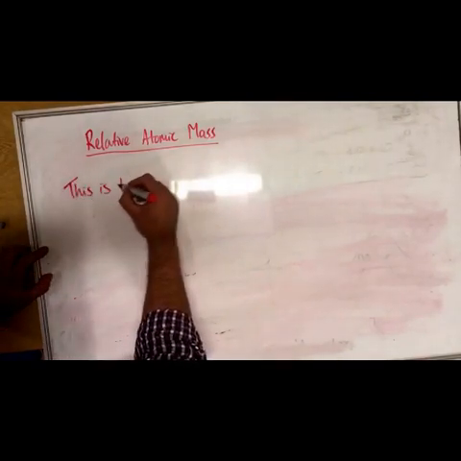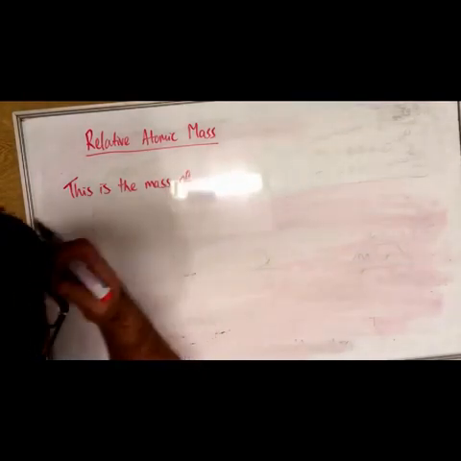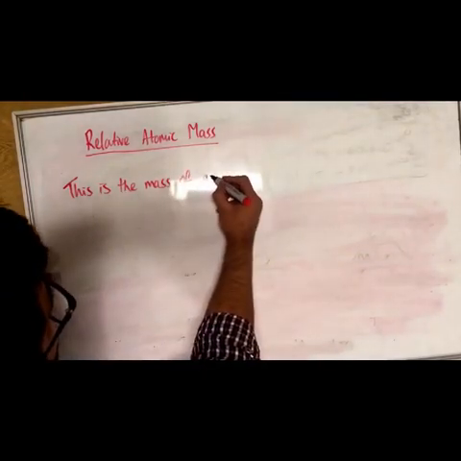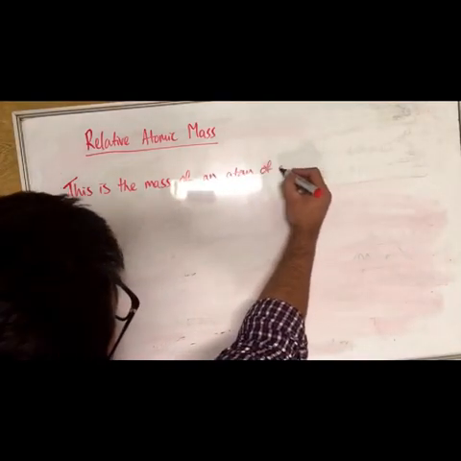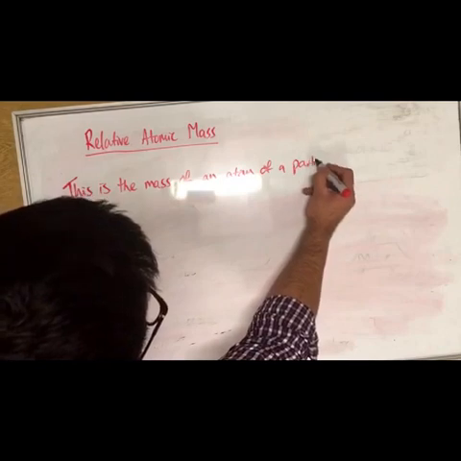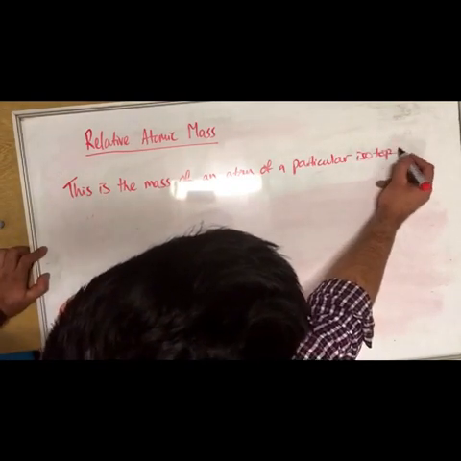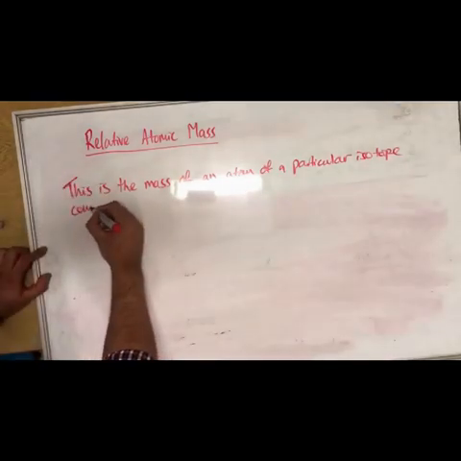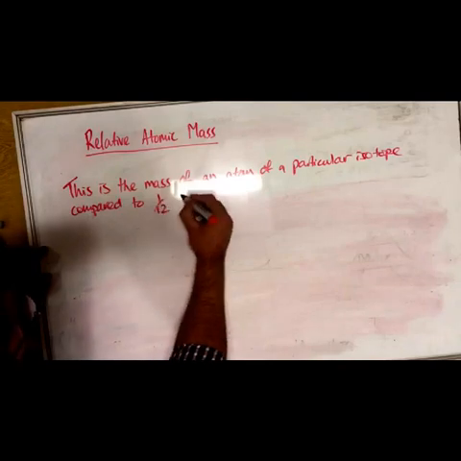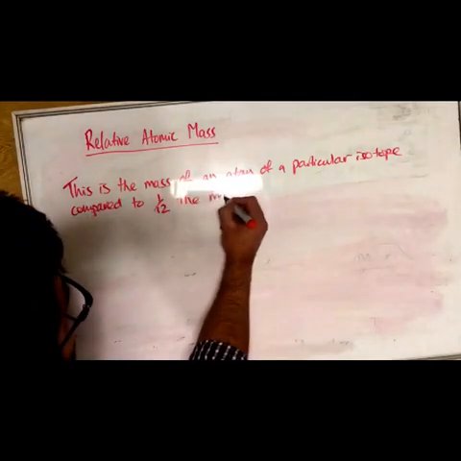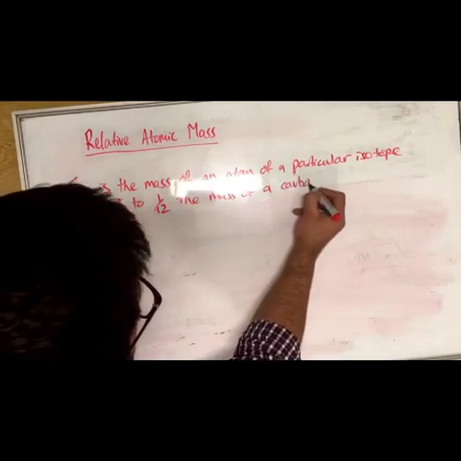This is the mass of an atom of a particular isotope compared to 1/12 the mass of a carbon atom.